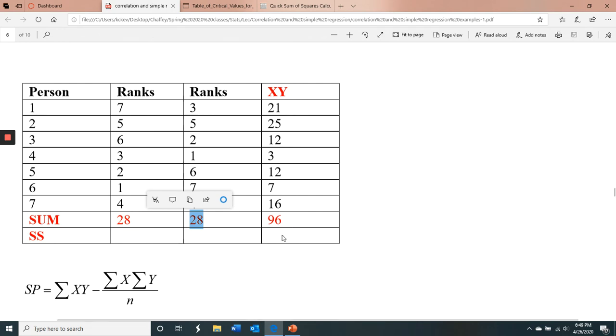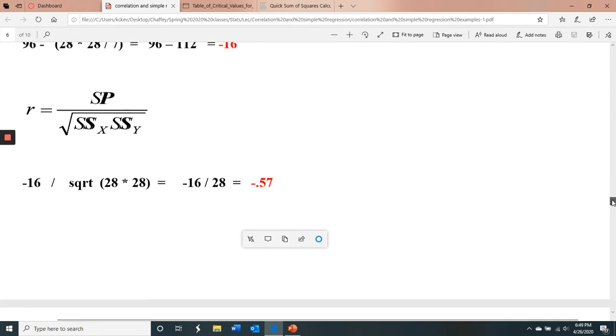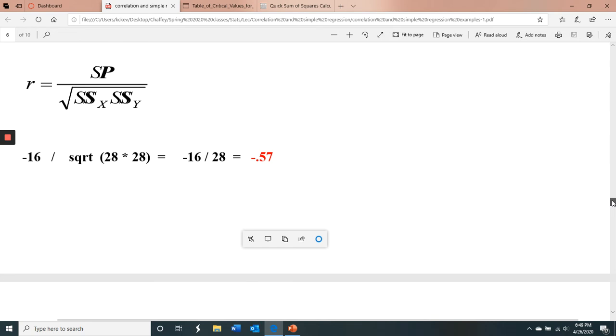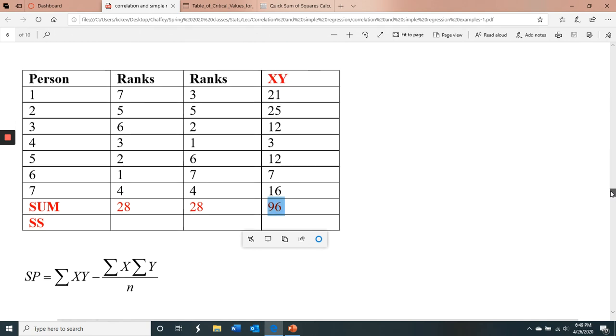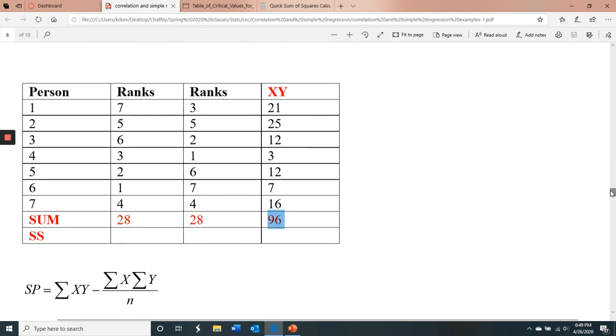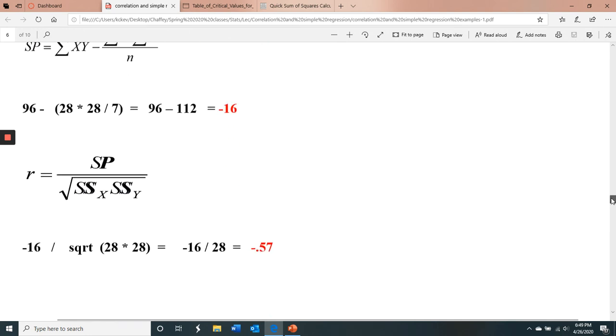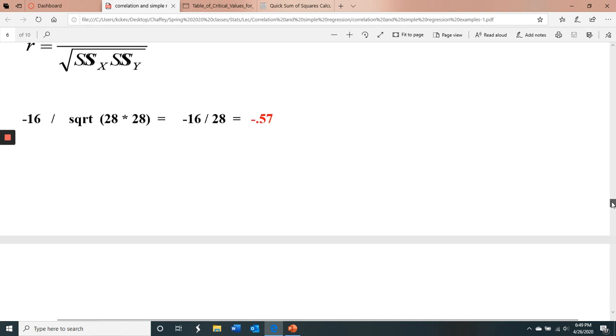Then we have our sum of XY. It's 96. I don't have the sum of squares here because I think I have it down here. So our sum of squares should be 28. Oh, just wait. I hope that's not wrong. I might have a mistake in here, which I'm going to rectify.